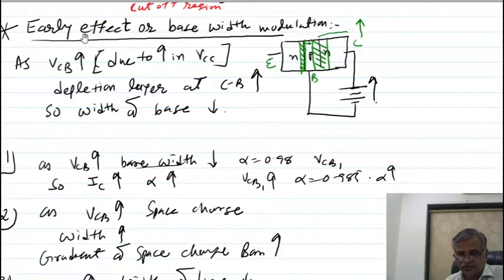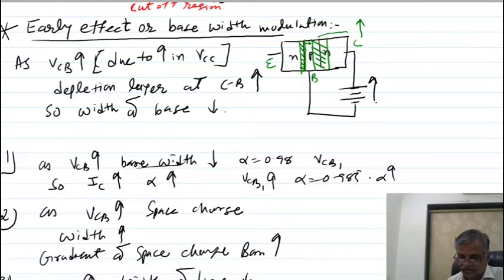So, what is the early effect? Early effect means when collector base voltage increases, then the depletion layer increases. As a result, base width decreases. This effect is called early effect, or base width modulation. The decrease in base width has three consequences. First, alpha increases.